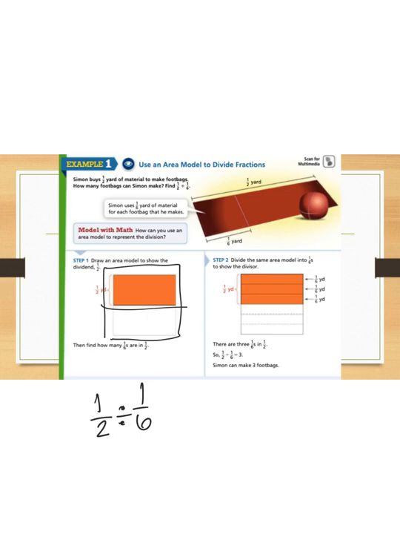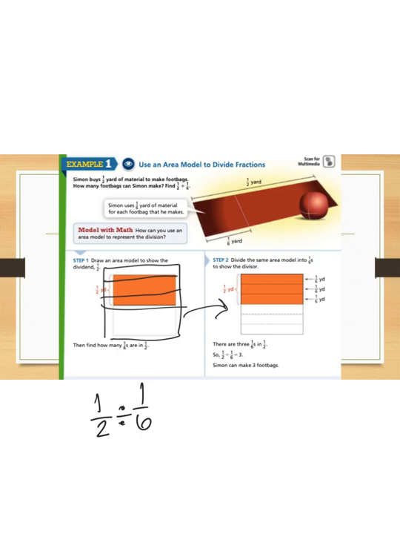Then you have to take the entire whole and cut it into 6, which they do in the second image, so that it shows you there are 3 1/6 in 1/2. Therefore, 1/2 divided by 1/6 is 3.